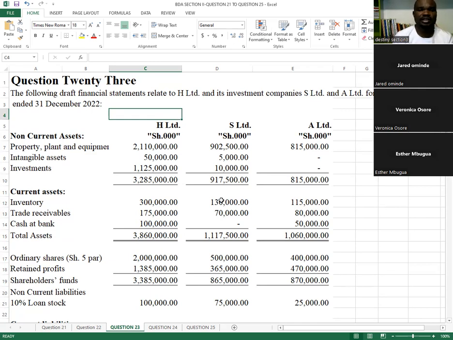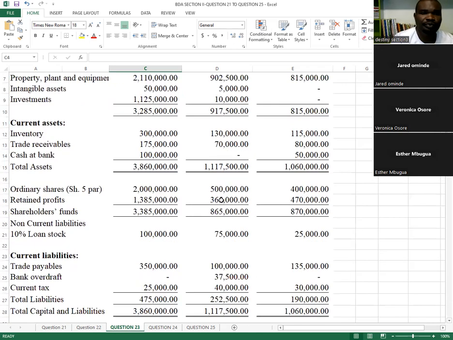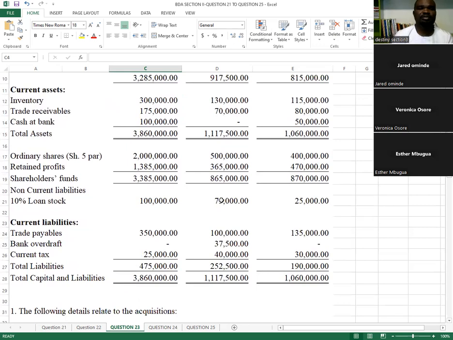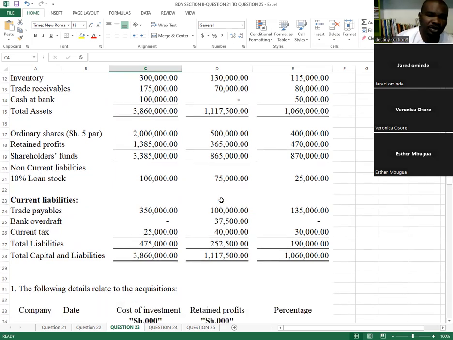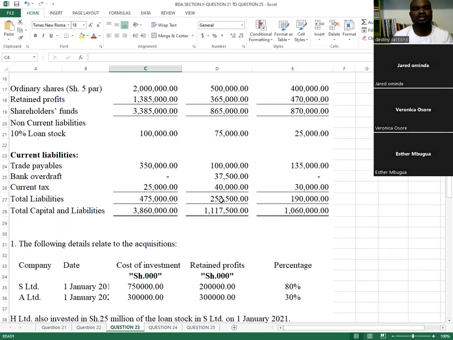They have property, plant, and equipment, intangible assets, and investments. Current assets: inventories, trade receivables, cash at bank. Then ordinary shares, retained profits, and the shareholders' funds. Non-current liabilities: the 10% loan stock, trade payables, bank overdraft, current tax.